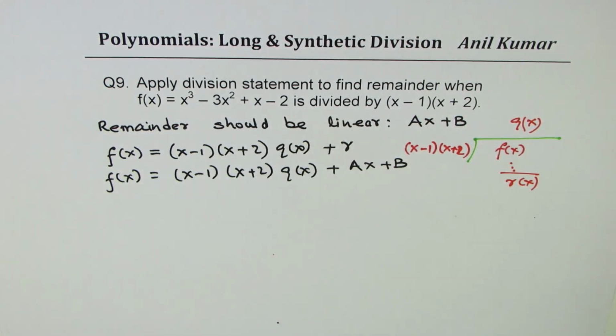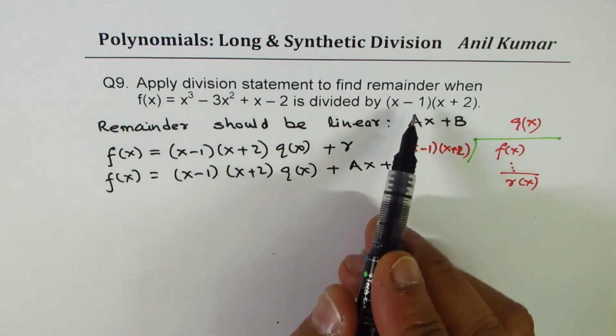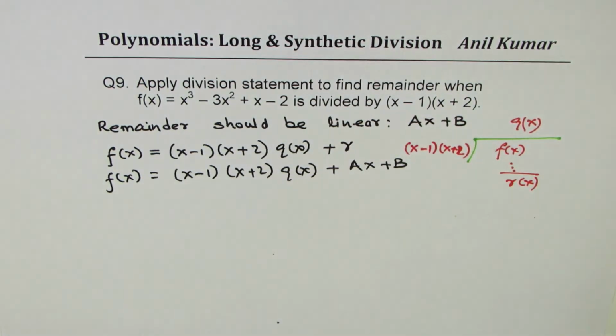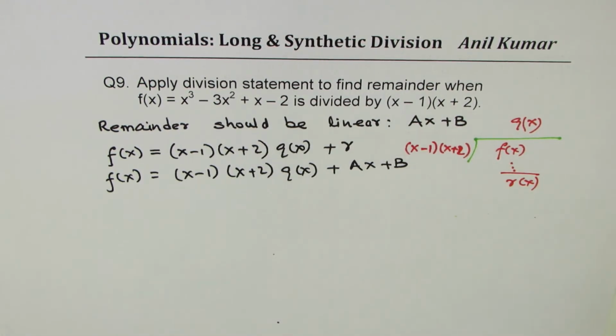This remainder should be linear since the function is cubic and the divisor is order 2, right? So 1 less than the divisor. Perfect. So that is what it is.